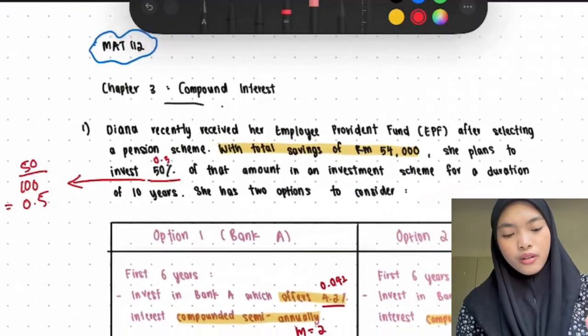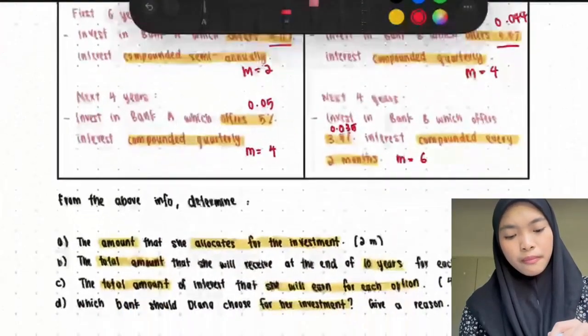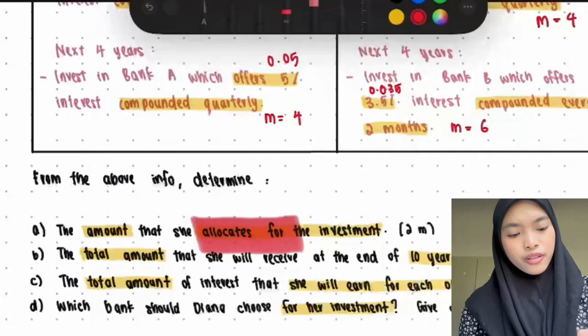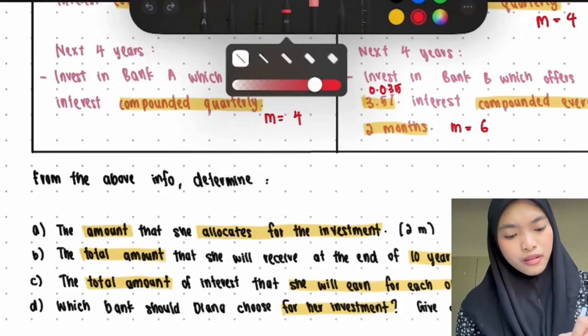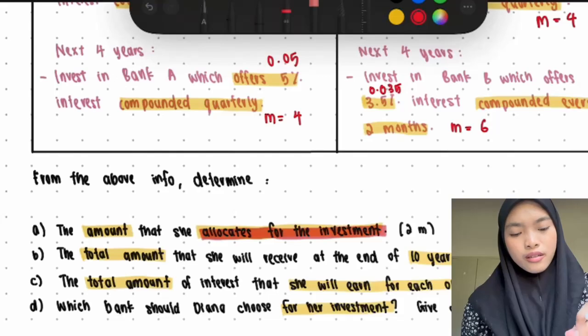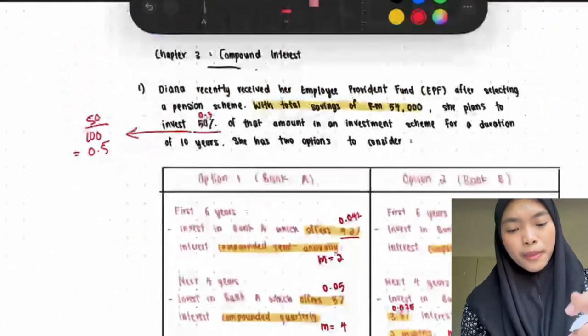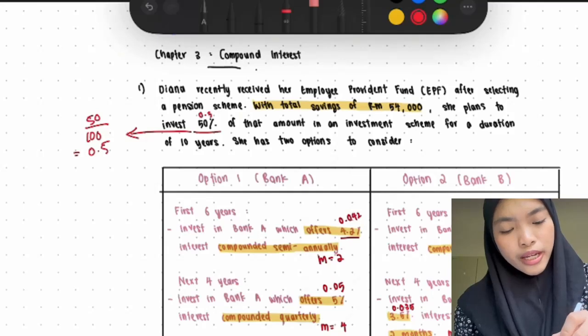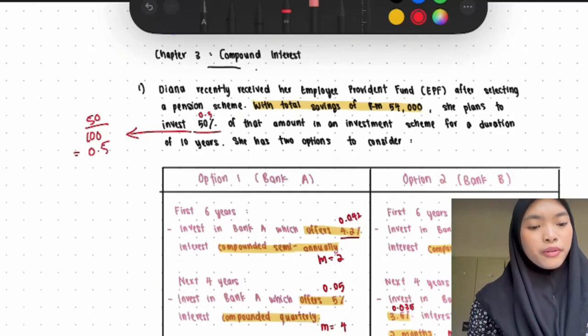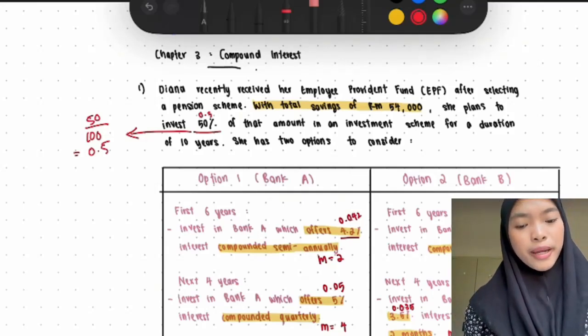Question 1, the amount that she allocates for the investment. Diana recently received her employee provident fund after selecting a pension scheme.